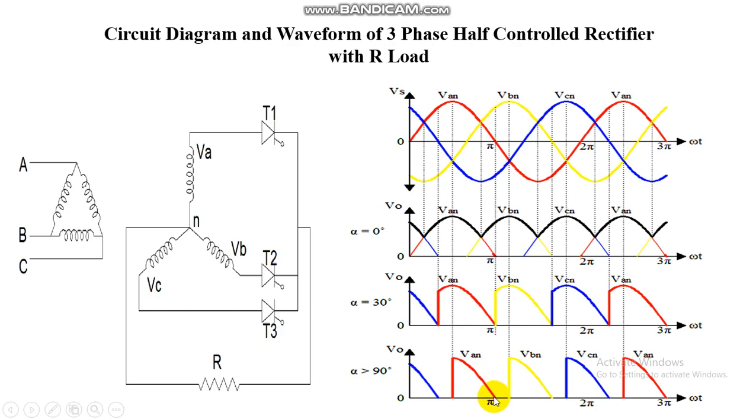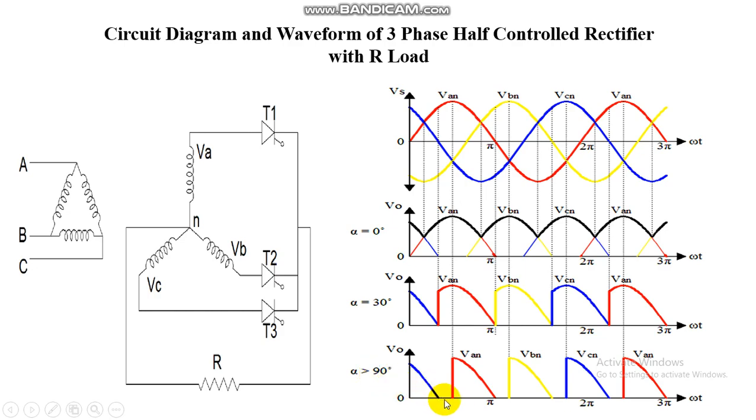Then for this duration there is no voltage available across the load, and after that B phase conducts and allows the current to flow, giving the output voltage. The same thing goes on like this when the thyristors T1, T2, T3 are operated above 90 degrees.